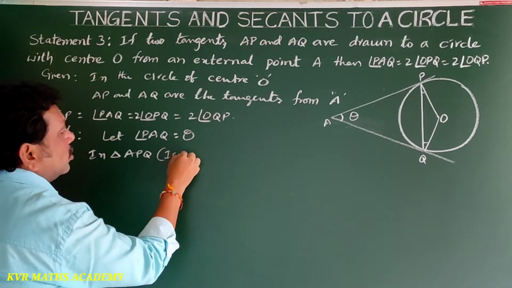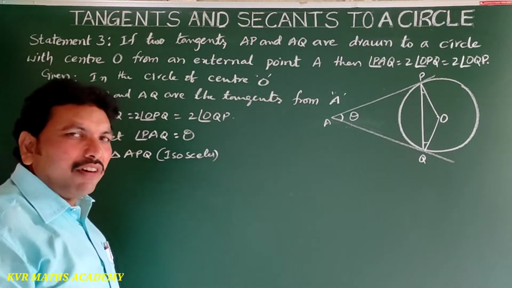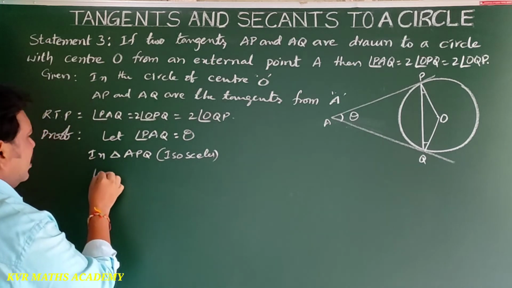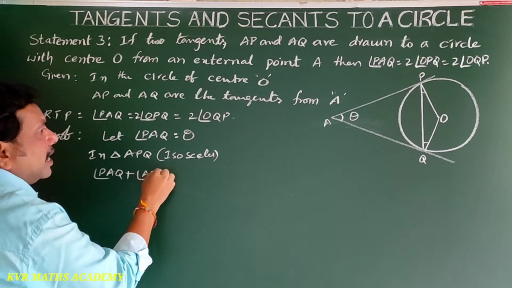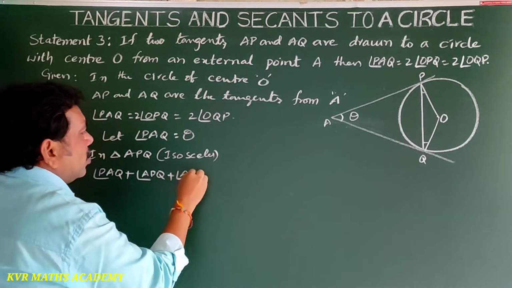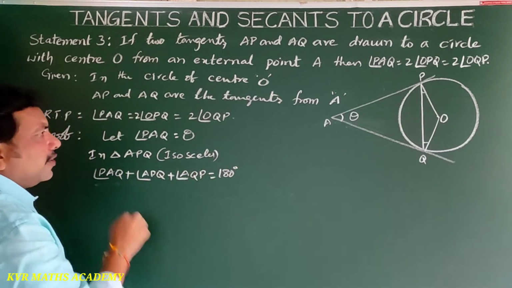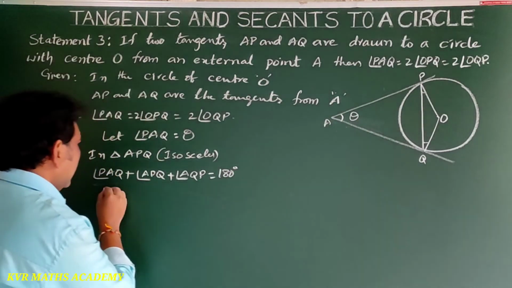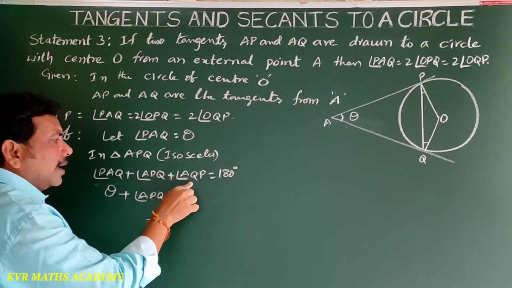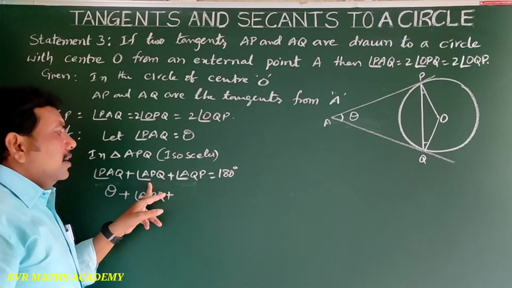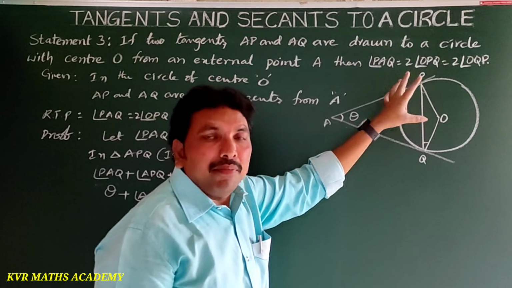So angle PAQ plus angle APQ plus angle AQP is equal to 180 degrees, isn't it? Angle PAQ is theta, we have taken. Substitute theta here, plus angle APQ, and in the place of AQP let us write APQ. Why? Because both angles are equal, since it is an isosceles triangle.